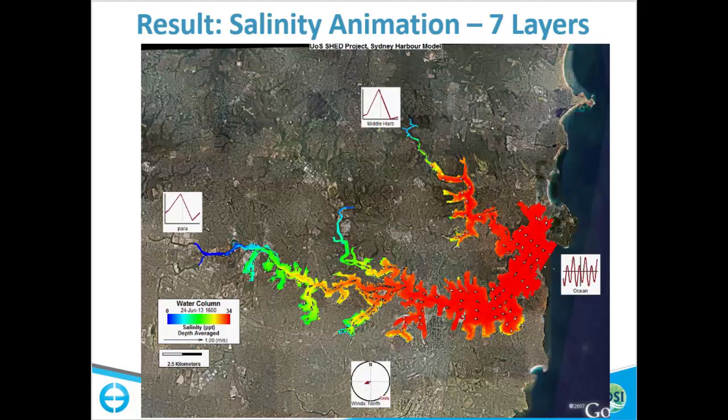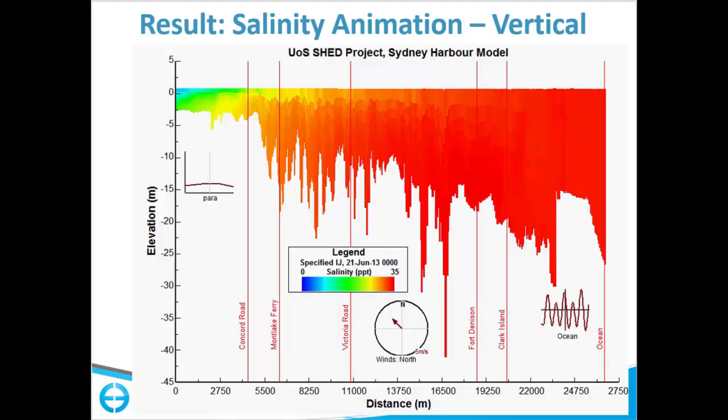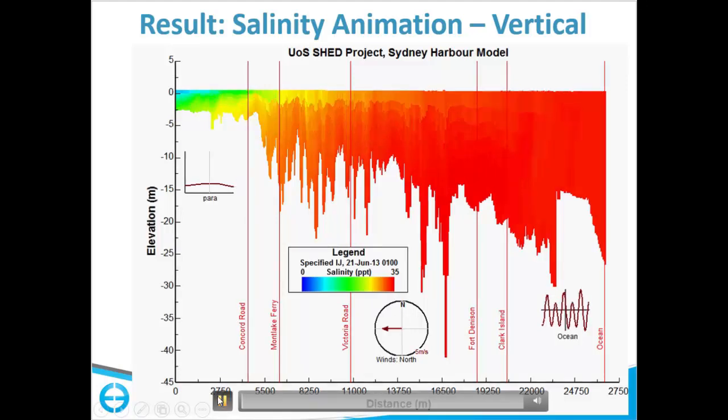So I just wanted to show you the high flow interaction with the salt water. And for velocities, you can control at what frequency or at what I and J index you want to display the velocity in EFDC Explorer. This is the animation showing the salinity.